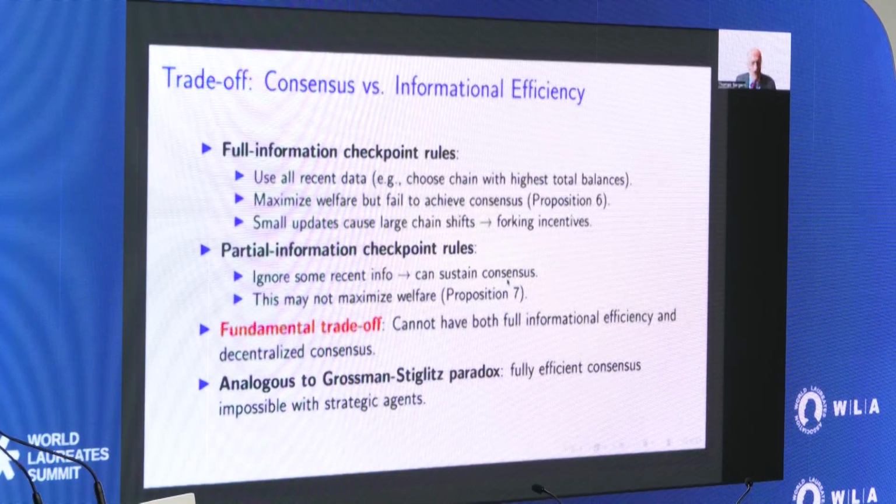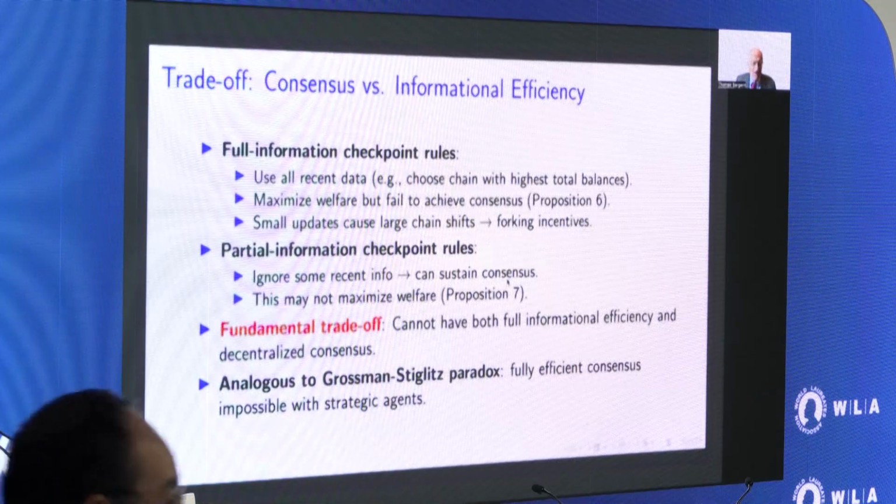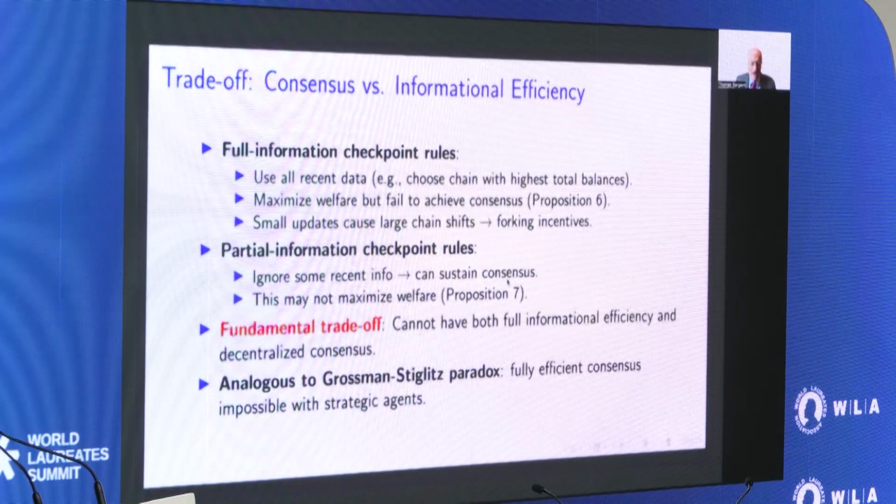What you can do is fight this by having partial-information checkpoint rules, where you ignore some recent information. You can get consensus if you want, but that's not going to be the most efficient thing. So there's a fundamental trade-off which they've discovered, and it's a sophisticated version of an old problem that Grossman and Stiglitz identified in very important work in the late 70s, early 80s. Fully efficient consensus is impossible with strategic agents in this mechanism.